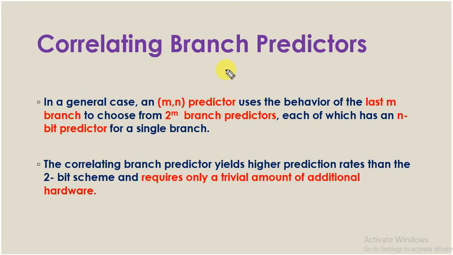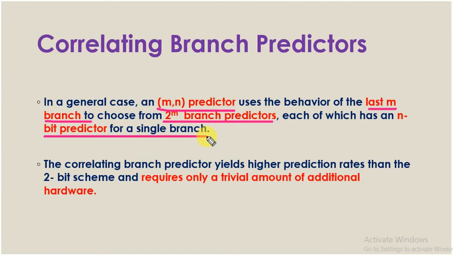And in general, we can call it an (m,n) predictor that uses the behavior of the last m branches. That's what we were mentioning in the previous example. It will use the behavior of the last m branches to choose from 2^m branch predictors, each of which has an n-bit predictor for a single branch.